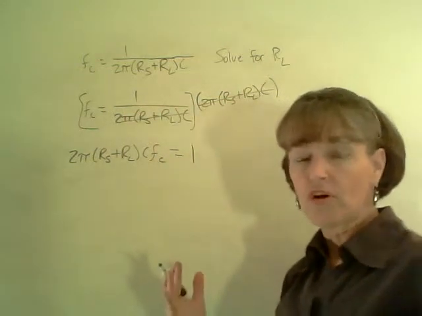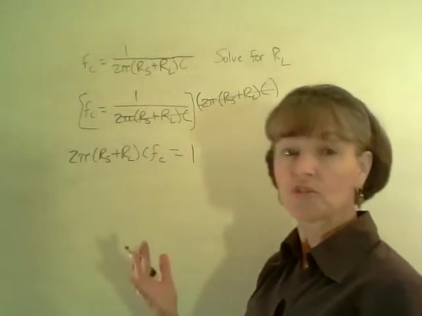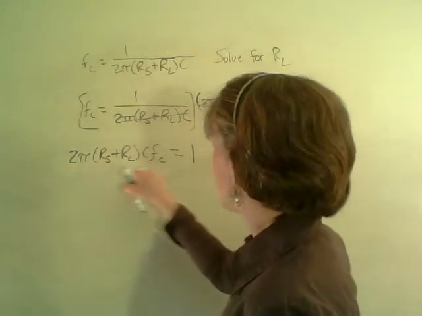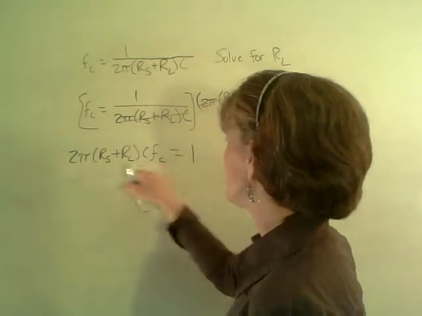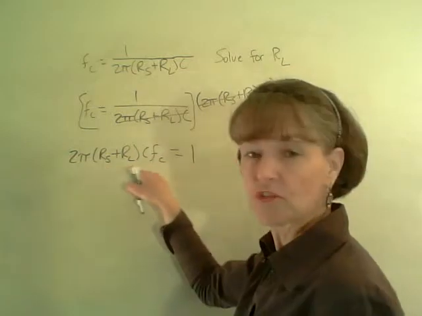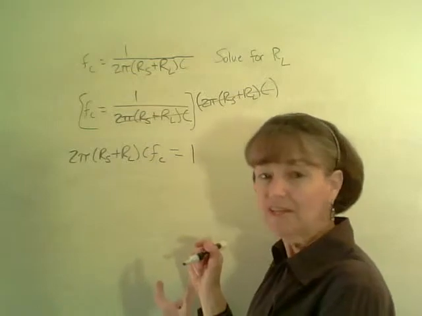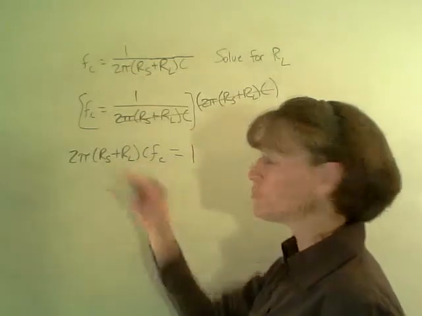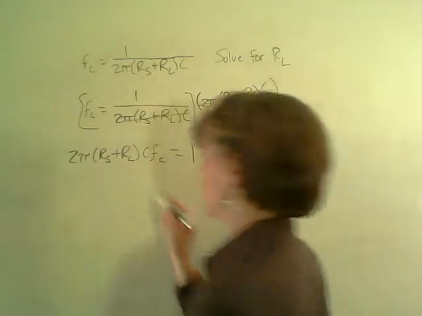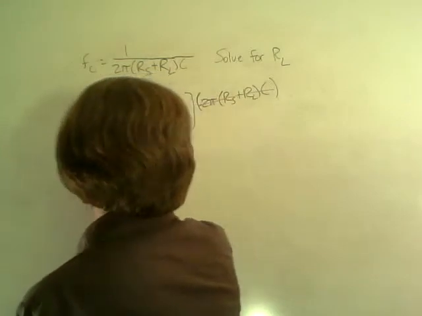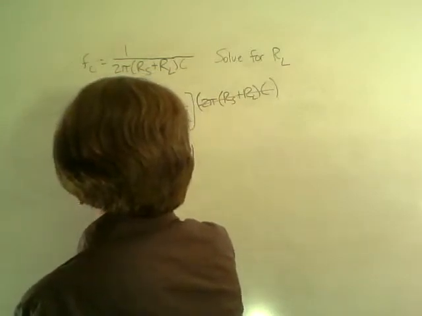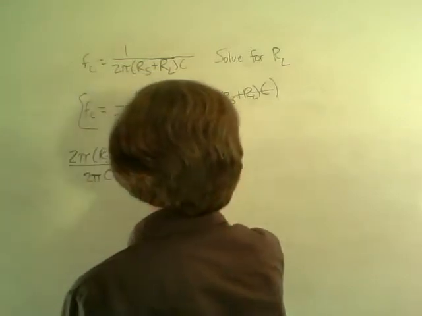Now I'm solving for RL, so what I'm going to do is divide both sides by all of these, except for the RS plus RL. They're in parentheses, they're like a group. I can't separate them right now unless I want to use my distributive property, and I don't want to do that. So I'm going to divide both sides by 2 pi C FC.